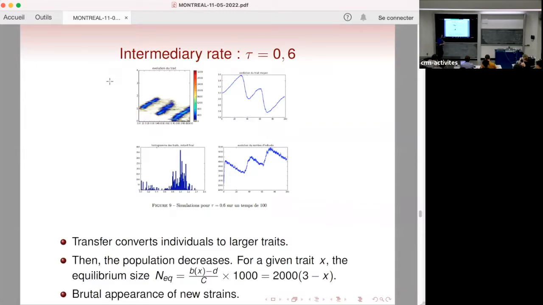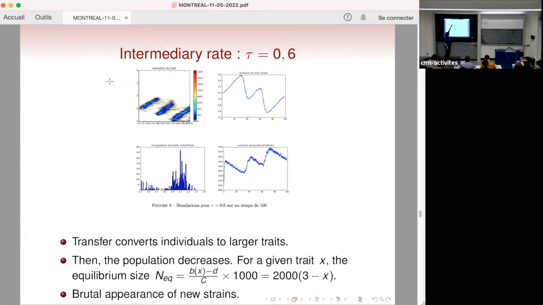Okay, and then in your setting you keep a very small number of individuals with optimal traits, which have not been transferred. Okay, they were not in contact with the individuals alive here, and they are here.